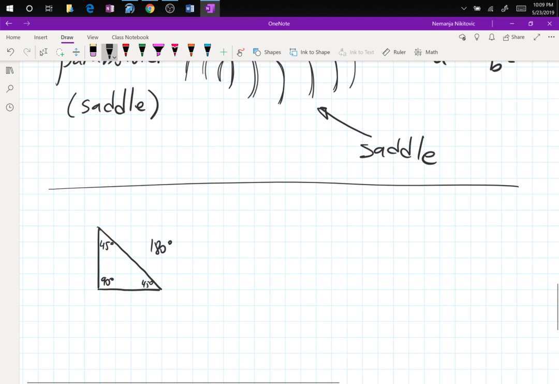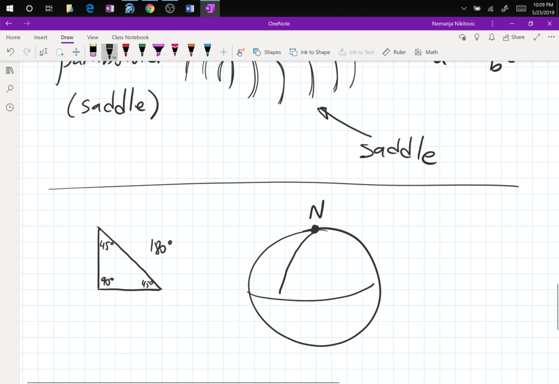Right? Great. Now I have planet Earth, and I have the North Pole, and I am going to start at the North Pole and walk straight down to the equator, which is the middle line. I'm going to turn 90 degrees and walk a quarter of the length of the equator, and then turn right and go back up, and that's 90 degrees as well.